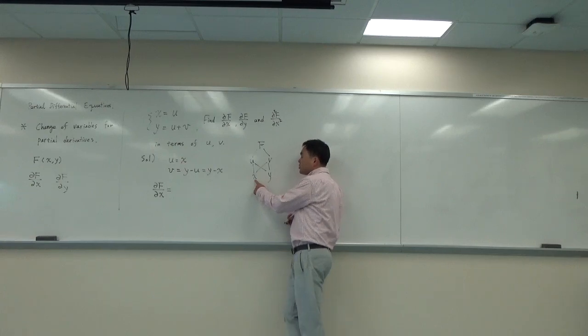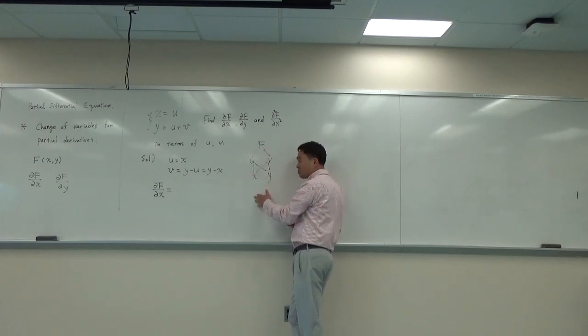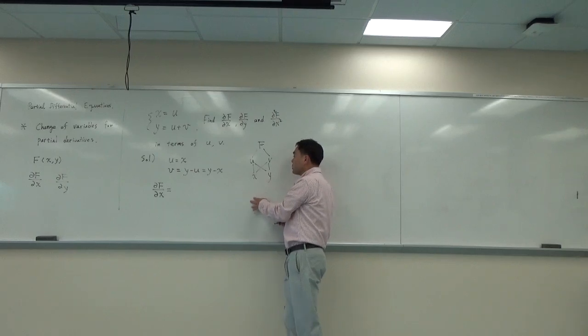If you change the value of X ever so slightly, that's going to impact U and V, both of them. And when these values change, that's also going to change F. So see how the influences go up? This is called the dependence diagram, just because it gives you how things are related.